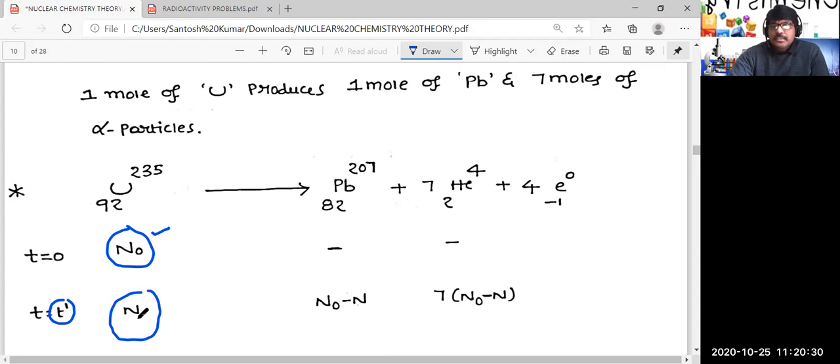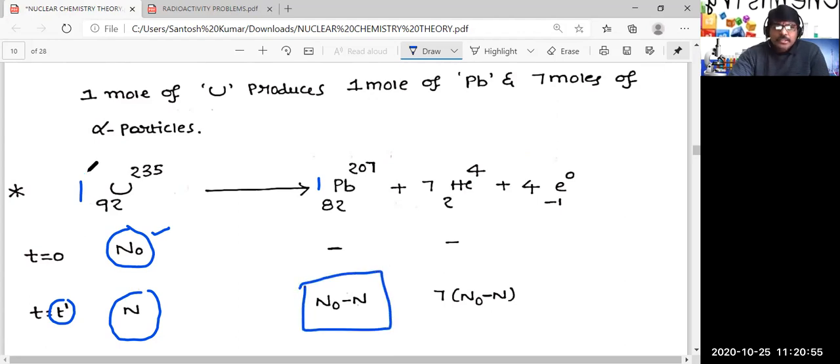N naught minus N. What happened to that? That underwent disintegration. According to the stoichiometric equation, 1 mole is going to produce 1 mole and 7 moles. Obviously, N naught minus N number of nuclides underwent disintegration. As a result, lead isotopes will be the same, that is N naught minus N.